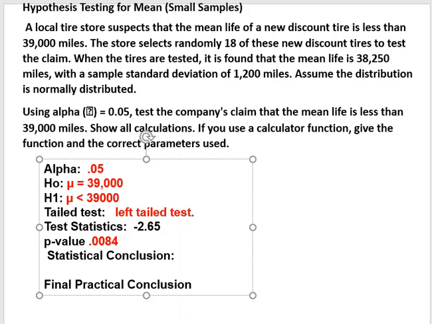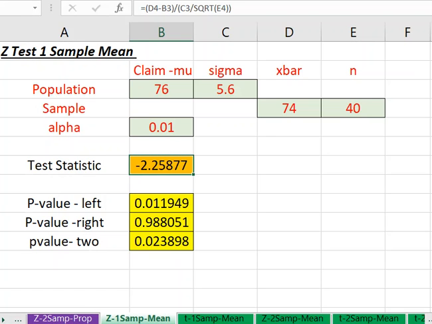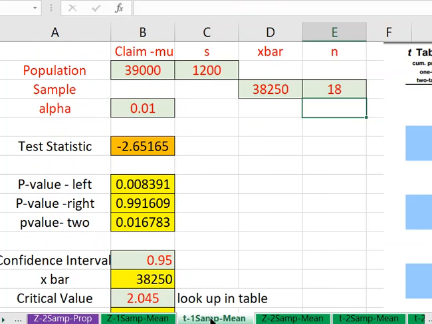My test statistic, where did it come from? If I go to not the Z sample mean, but the T sample mean, same concept though. I'm going to put in my claim, 39,000. My S, my sample standard deviation, is 1,200. The X bar that my sample got was 38,250, and my sample size is 18. It's important to have the sample size.